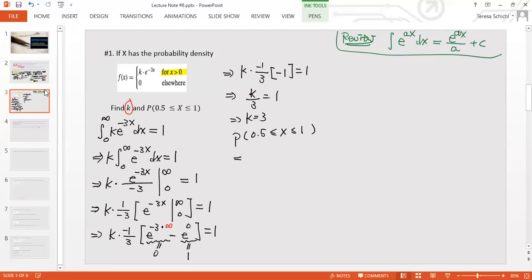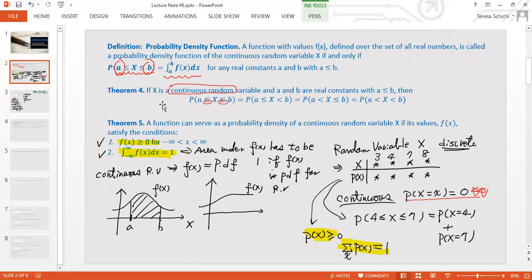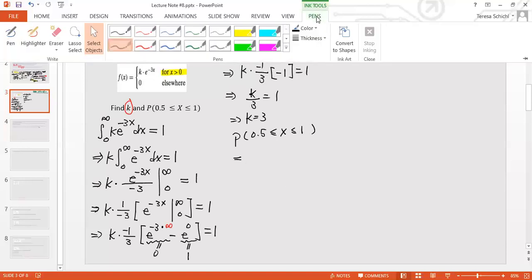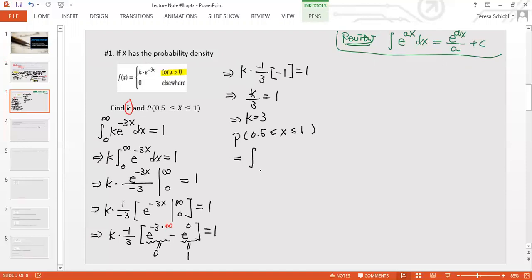According to our definition on the previous pages, remember when you try to find probabilities, you integrate here. So in here, I will have from 0.5 to 1. Now I use my PDF, so it's 3 e to the negative 3x dx.